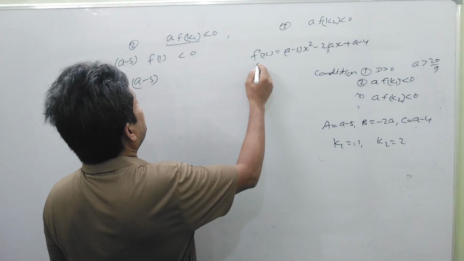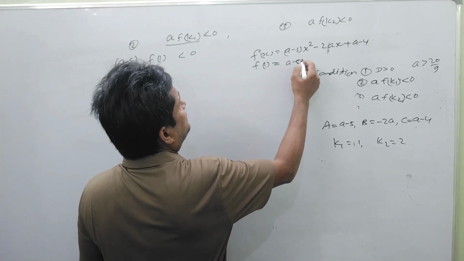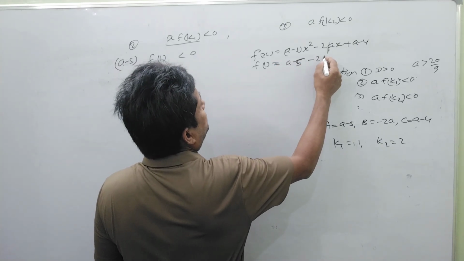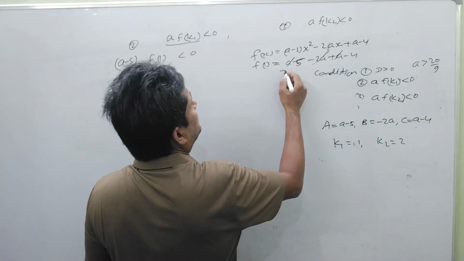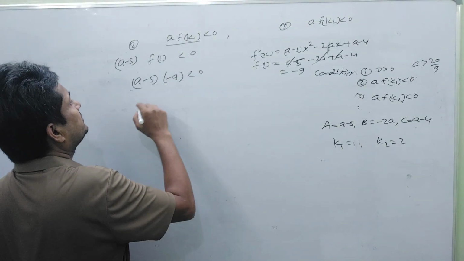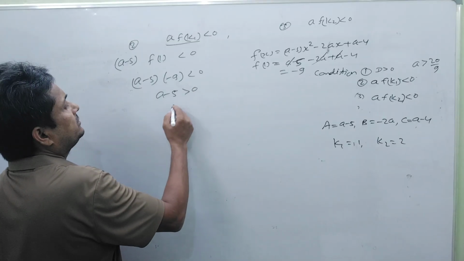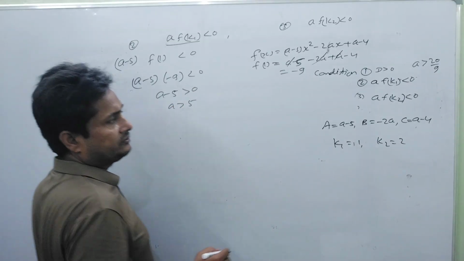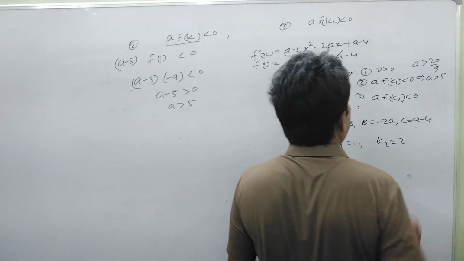So f of 1 is a minus 5 minus 2a plus a minus 4. This cancels out, so it is coming this value. So a minus 5 is greater than 0. That means a is greater than 5. This is coming from second case.